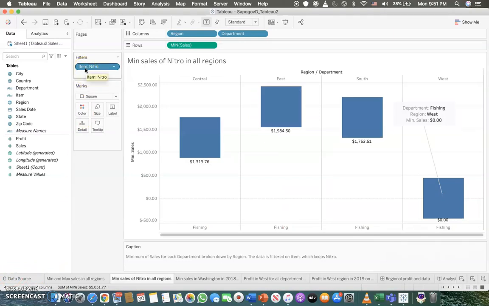Here I filtered the categories by item called Nitro, and right now we know that this item had min sales of 0 in West regions, and the department is fishing.